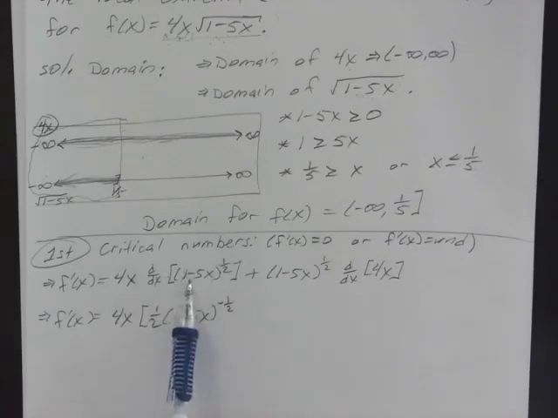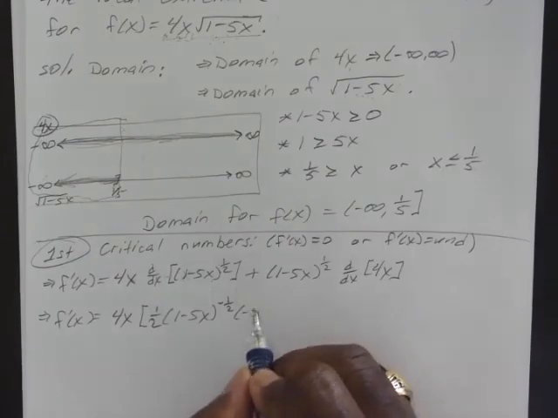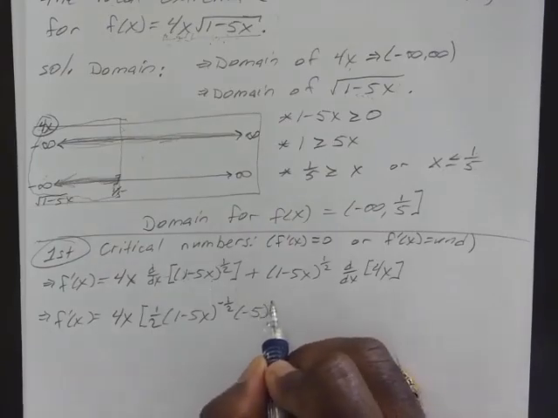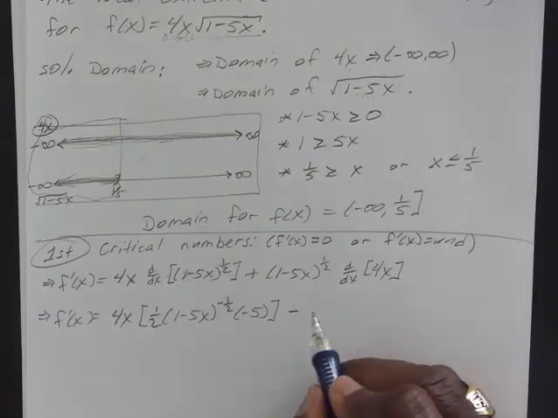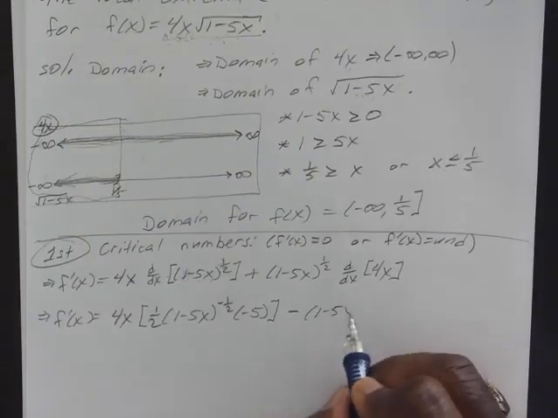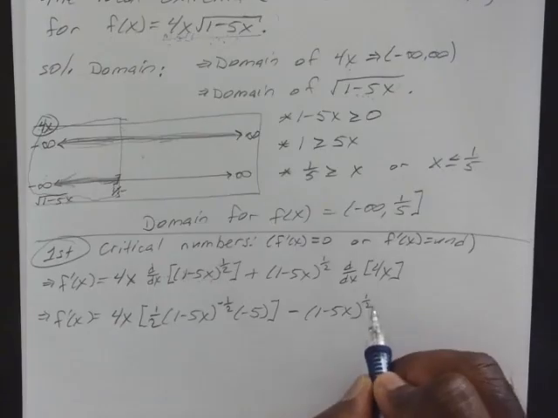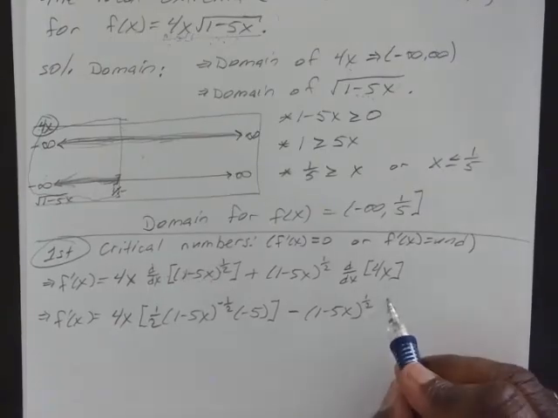So times the derivative of 1 minus 5x, which is negative 5. Minus 1 minus 5x to the 1/2 power times the derivative of 4x, which is just 4.